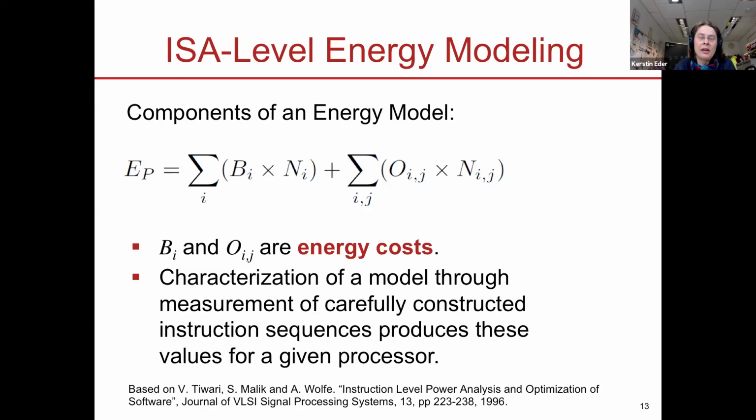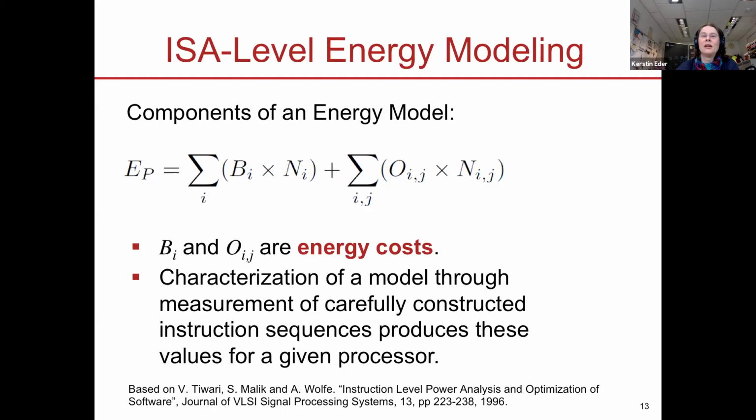And those loops are then being measured, and then you can take an average over those observed values, and that way you can identify for each instruction and each instruction pair how much energy is consumed.